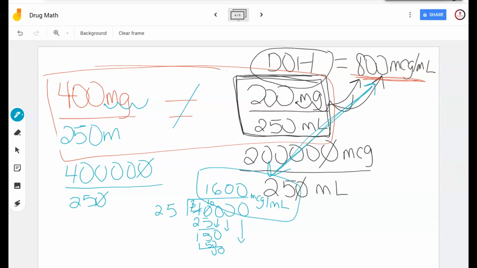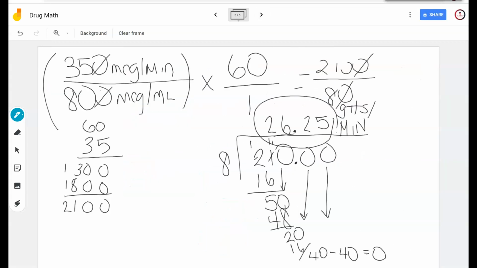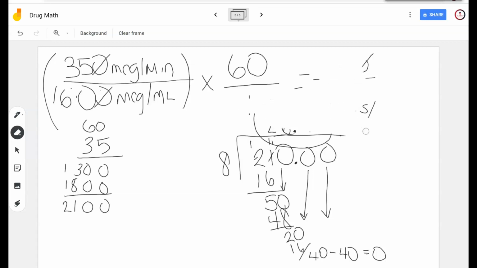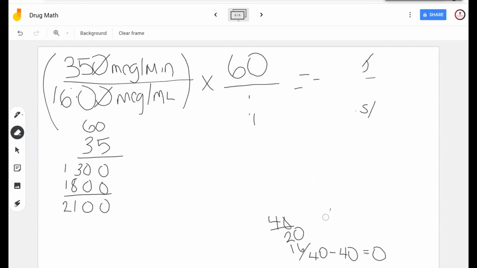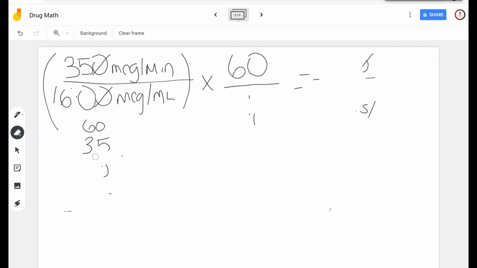So now if we go back to here, and I change this to 16, she's double the drip rate. Am I doubling it or halving it? You would halve it. Sorry, let me put it out there for everybody.